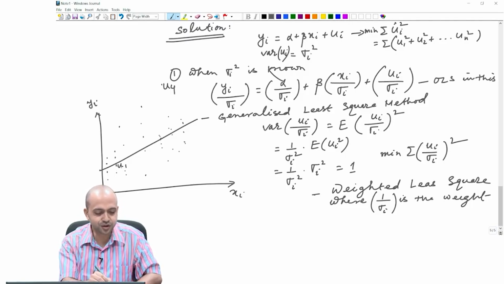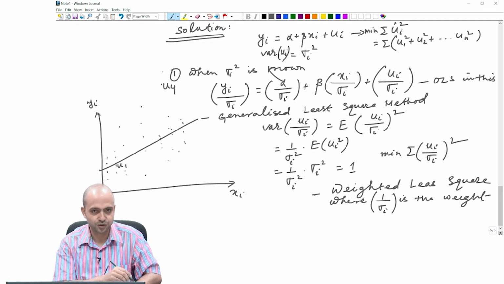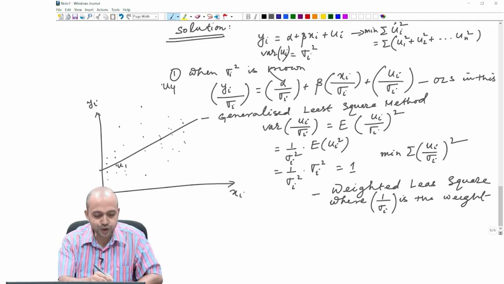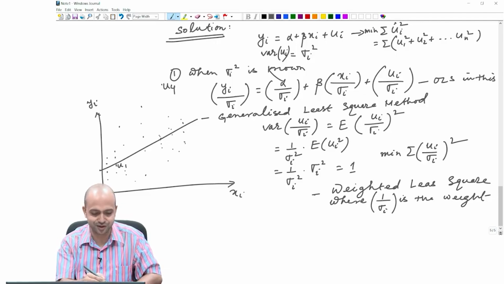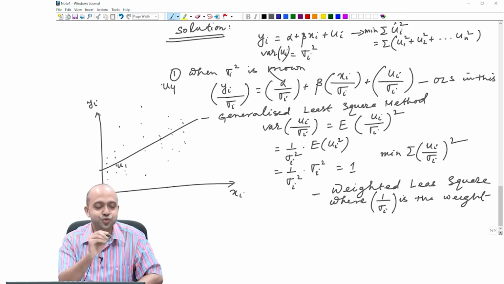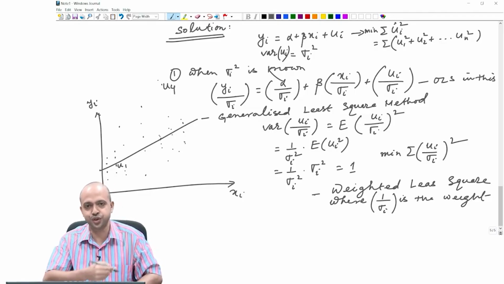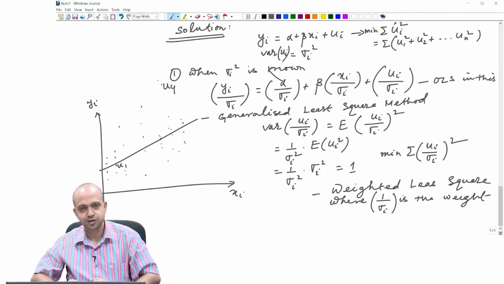So, that means this is contributing more, this is more important than this error term. If you put equal weight, then U4 will dominate the summation ui hat square. That should not actually happen, that is the problem of OLS. That is why in WLS I am attaching weight, and weight is actually inversely proportional to the value of this. Higher the U, lower would be the weight attached to it. That is the logic.